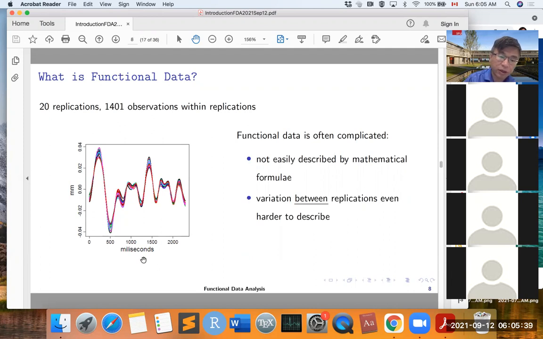For example, if I give you these functions, it will be hard to write down parametric forms for them. So this is another feature of functional data. We typically will not make a parametric assumption on the function, and the variation between replications is also hard to describe.